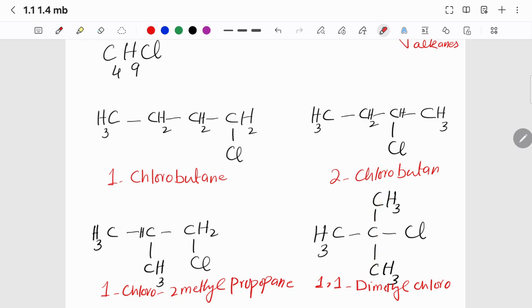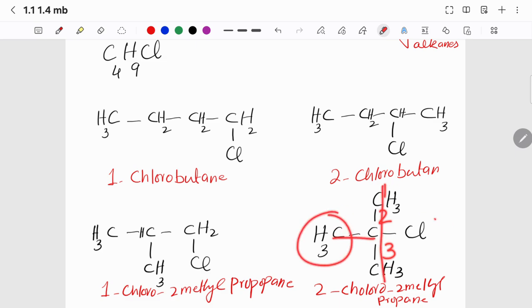So the name would be 2-chloro-2-methylpropane. Why? Because 1, 2, 3, this is a propane. At position 2 a methyl group is attached, at position 2 a chlorine is attached. So 2-chloro-2-methylpropane. All right.